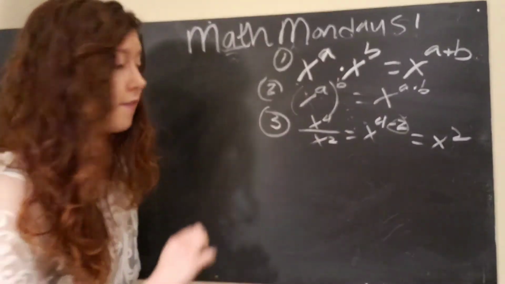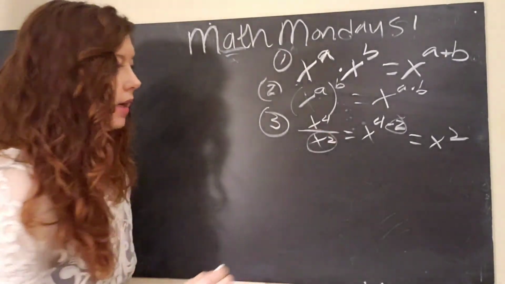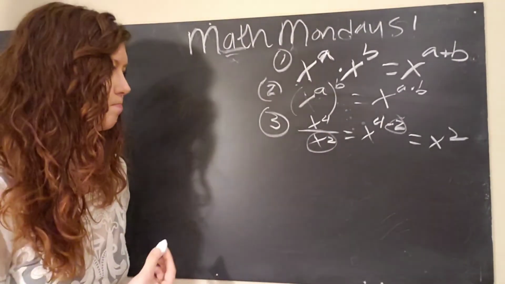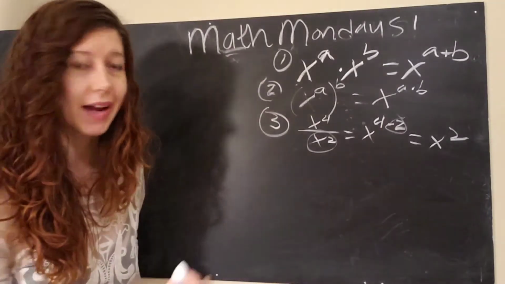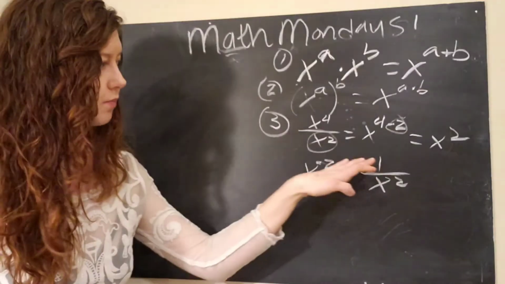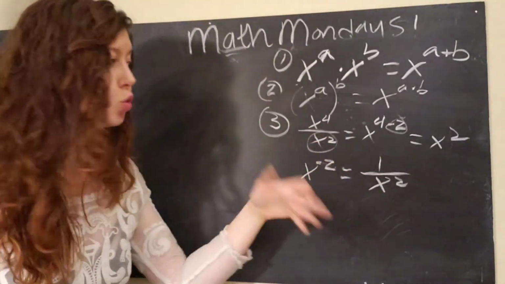So as a little bit of an aside, another way to write fractions with exponents is actually to use negative numbers. So if I were to write x to the negative 2, that would be the same as writing 1 over x to the 2.